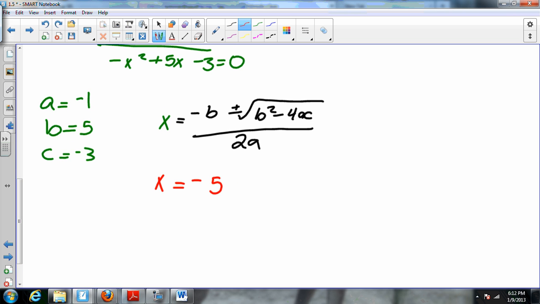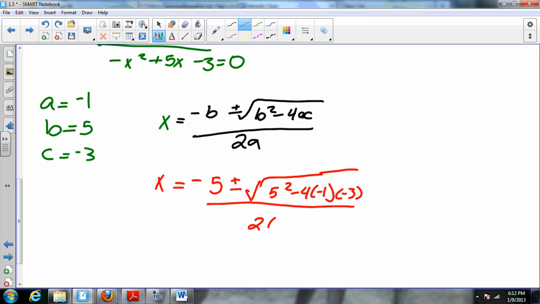X equals negative 5 plus or minus the square root of 5 squared minus 4 times negative 1 times negative 3, all over 2 times negative 1.